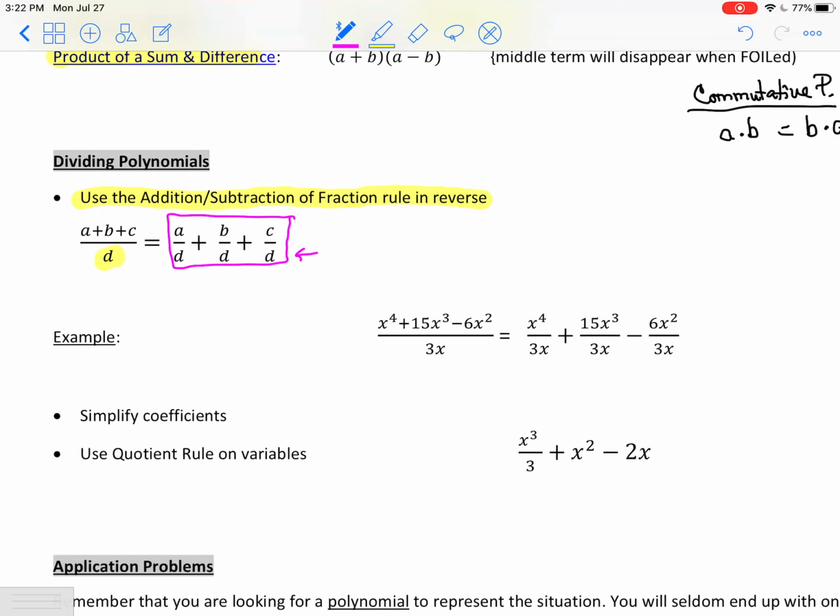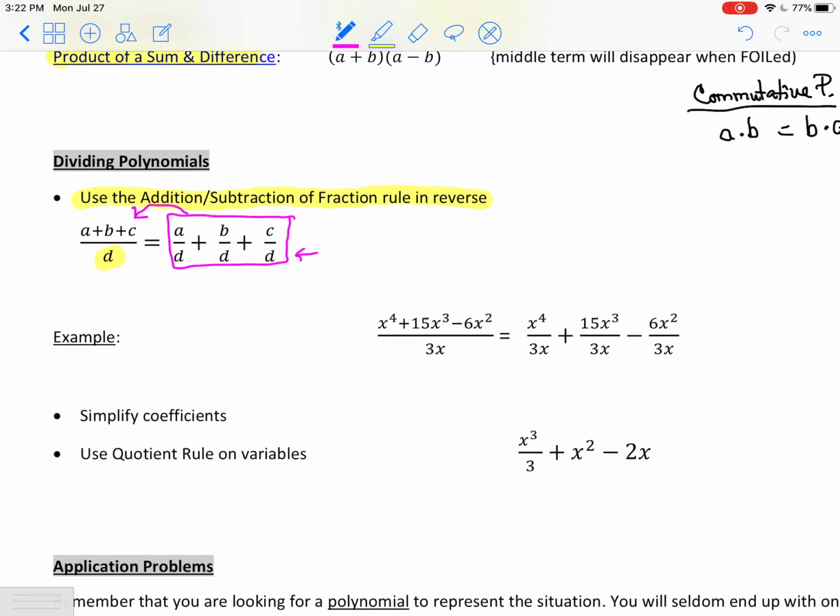Well, this luckily has a common denominator, and so we would have gone this direction because we know that the rule states that we add all the numerators and we keep the denominator the same. So we would have ended up with a plus b plus c over d, right?